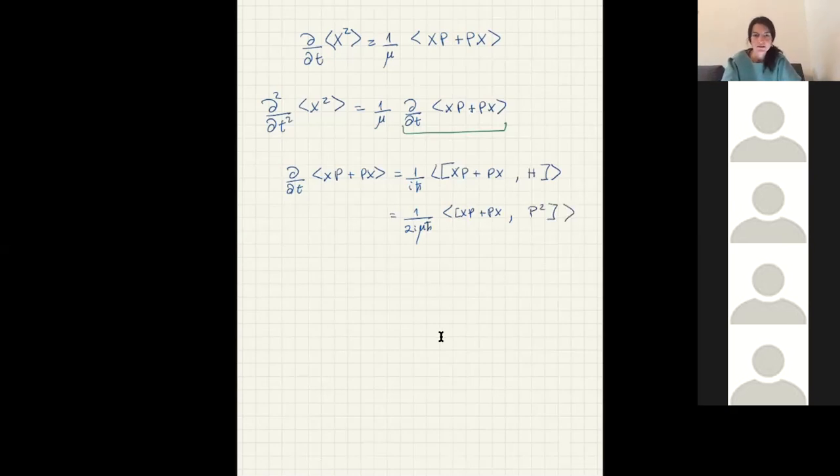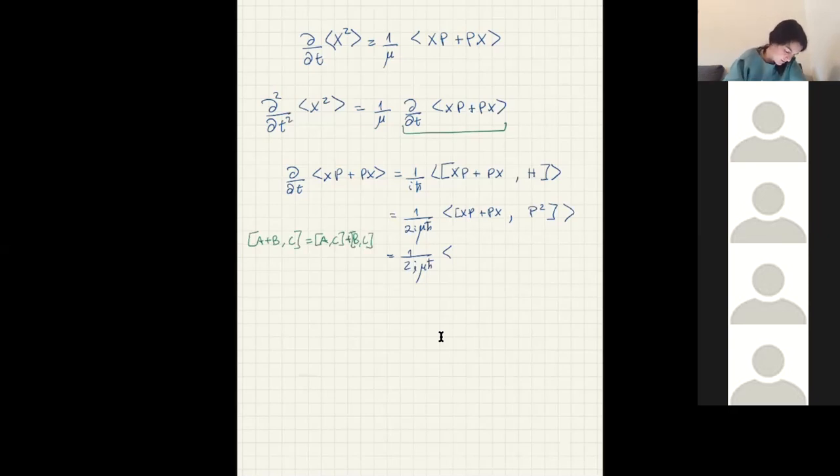Now, because everything is linear, we can do this as 2 i mu h bar, and we can split this. So let me write it here. A plus B, C. This is AC plus BC. I'm not sure if we showed this in the previous class, but if not, you can try doing it by hand.